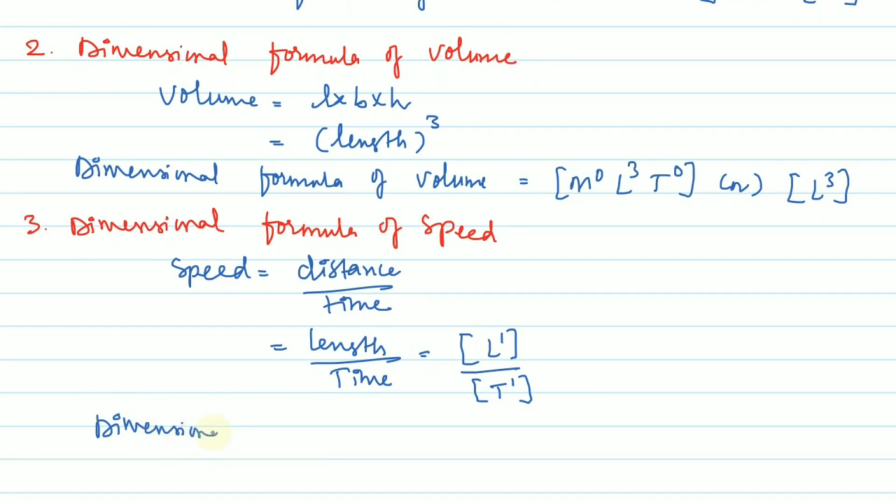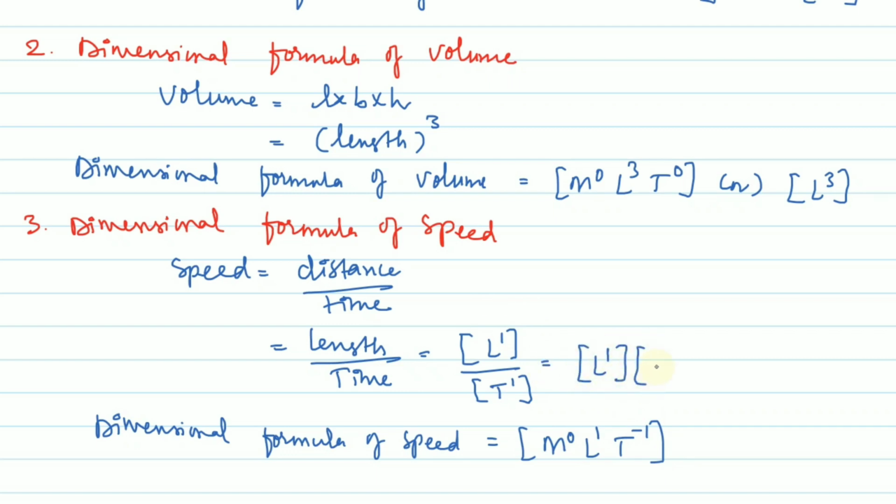The dimensional formula of speed equals M to the power 0, L to the power 1, and T comes to the numerator, so we can write T to the power minus 1, right?